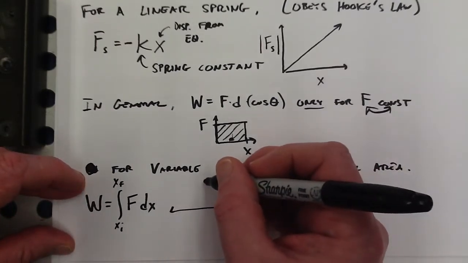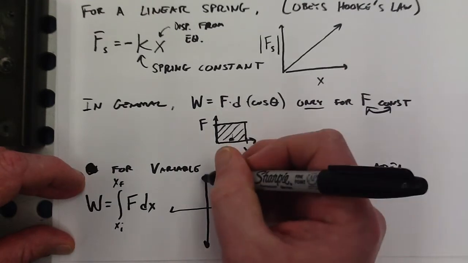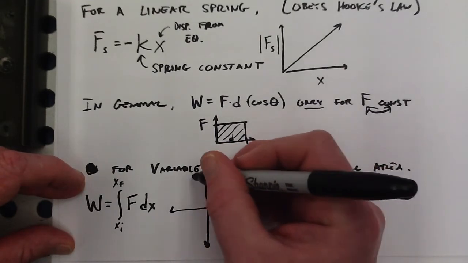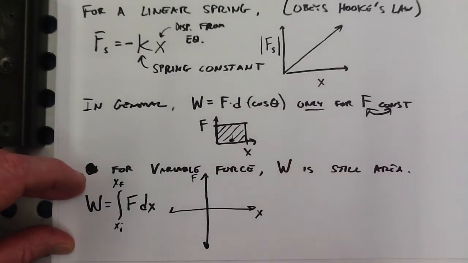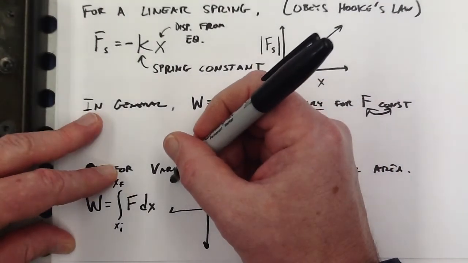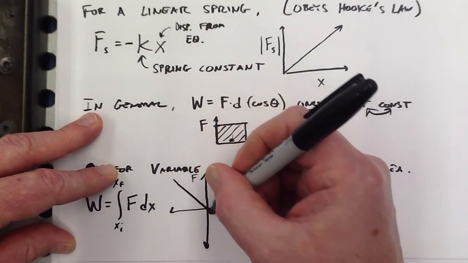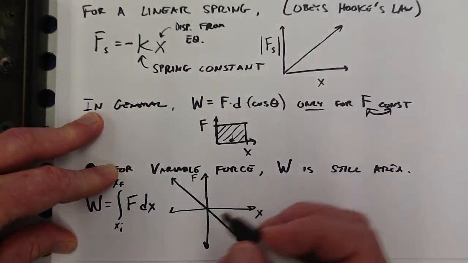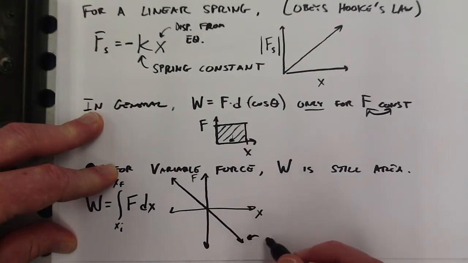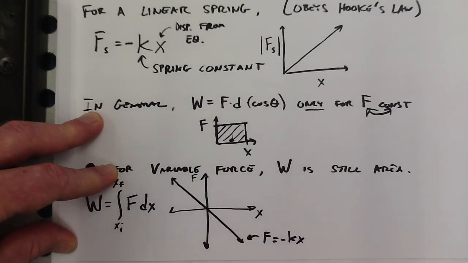So I'm going to redraw. Here's my force versus x graph, and here is my line. That is force equals negative kx.